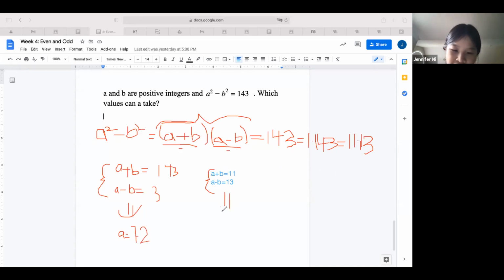And for the second case, you get that a is equal to 12. And for those who are curious, b here is 71. And b is equal to 1 when a is 12. So therefore, there are two values that a can take.